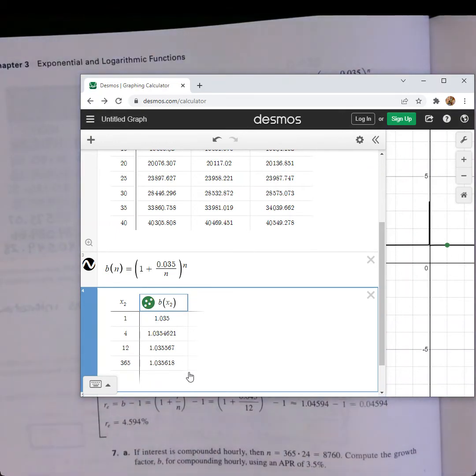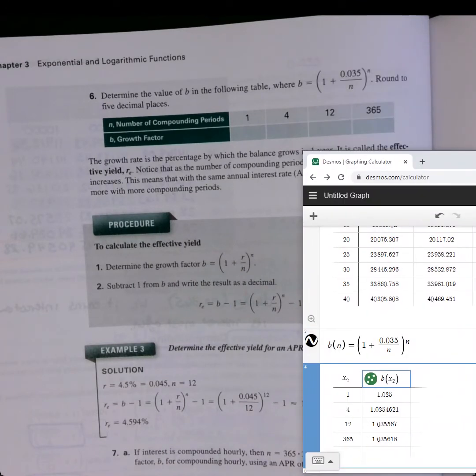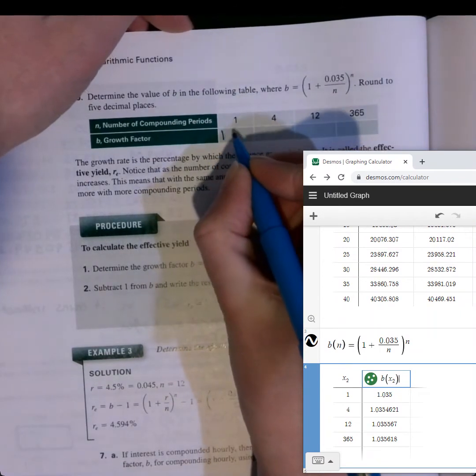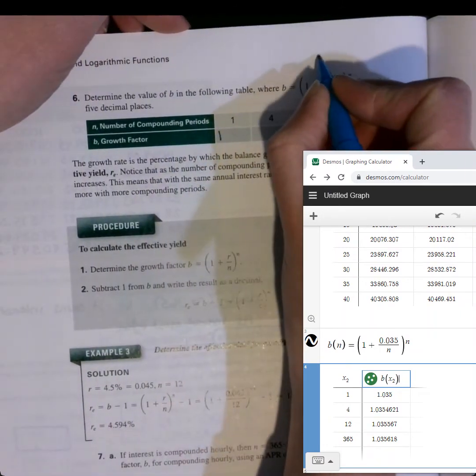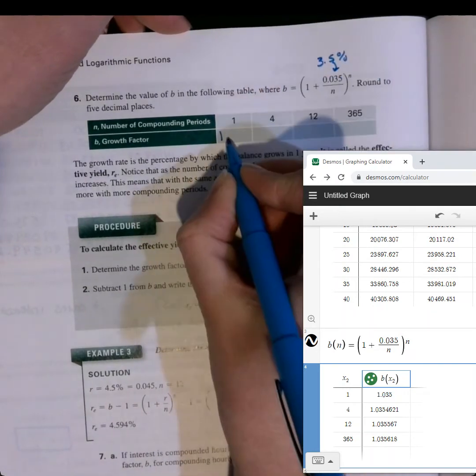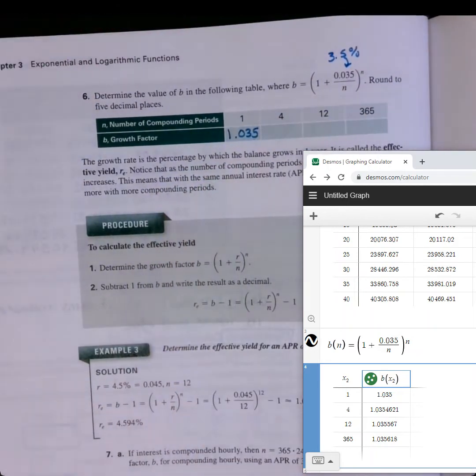Okay, so let me slide this to the side here, maybe down. If we're compounding just one time per year, our growth factor, since it was an original interest rate of 3.5% here, then it would be 1.035. So that's the one that we've kind of already discussed from the simple interest case.